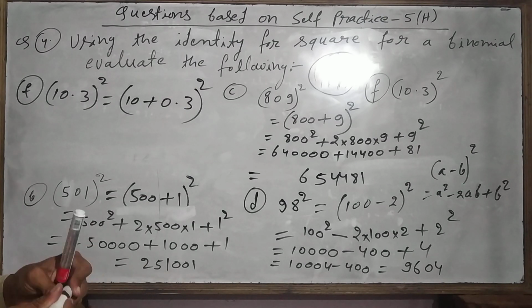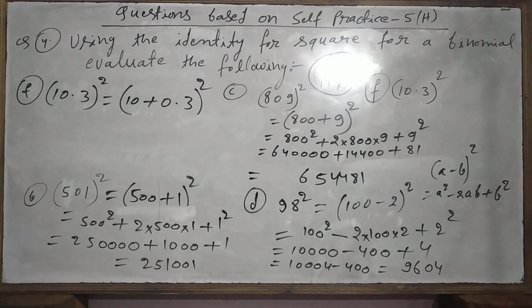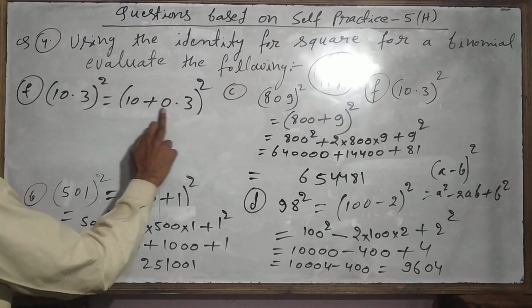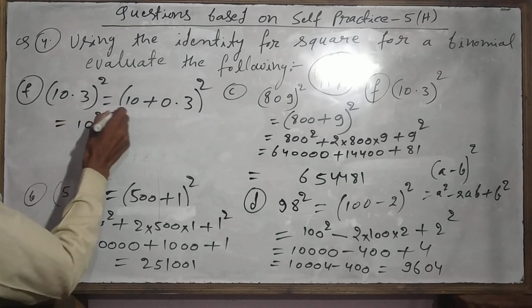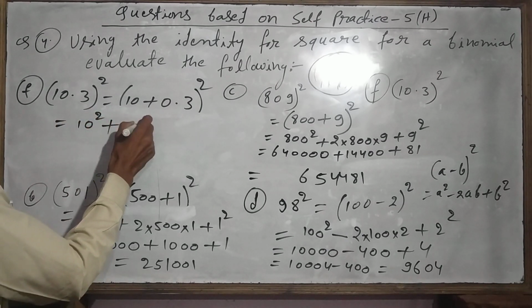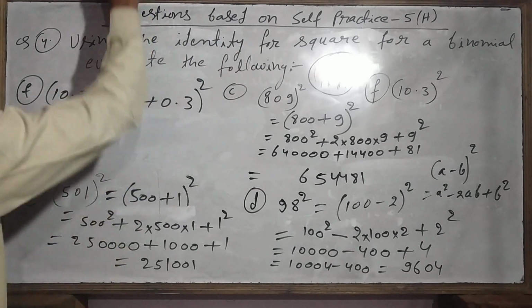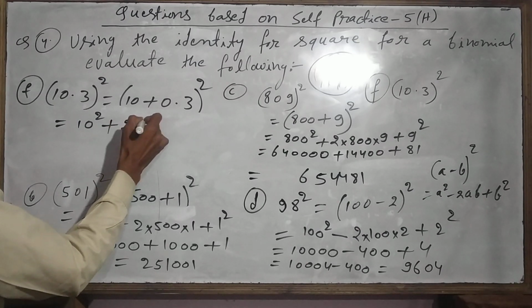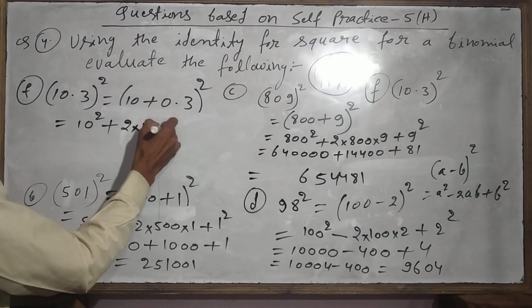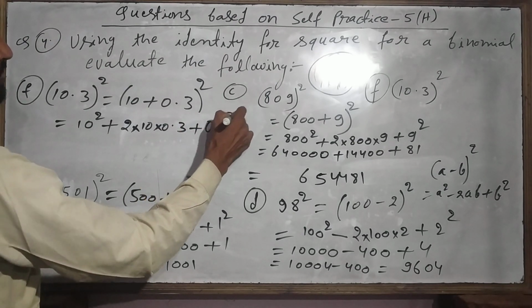Means in place of a is 10, in place of b is 0.3. So a square plus 2ab, 2 into a into b, plus b square means 0.3 square.